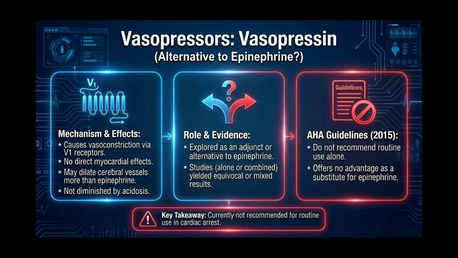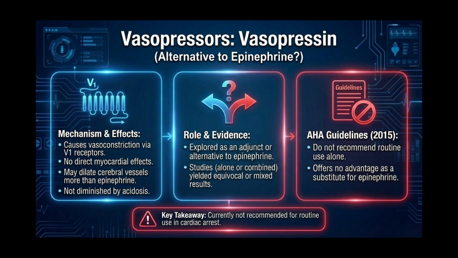Vasopressin has been explored as either an adjunct therapy or an alternative to epinephrine in the treatment of cardiac arrest. Early experimental and animal studies have suggested that vasopressin might be superior to adrenaline, particularly during prolonged resuscitation efforts. The mechanism of action for vasopressin involves vasoconstriction through V1 receptors.